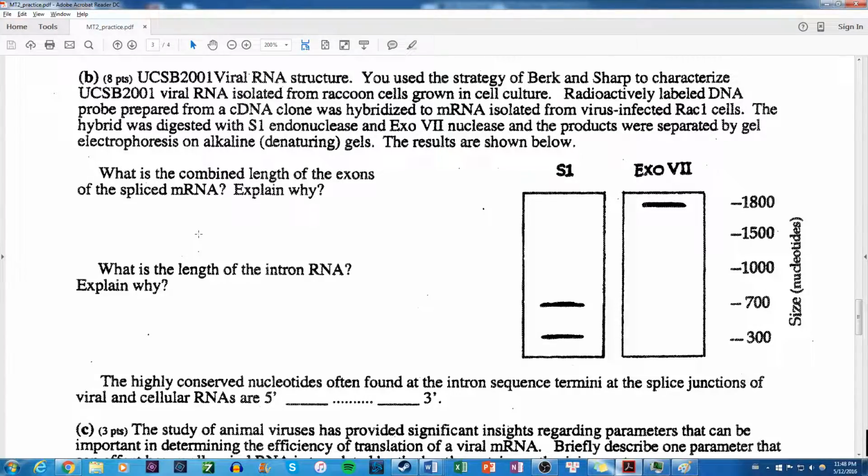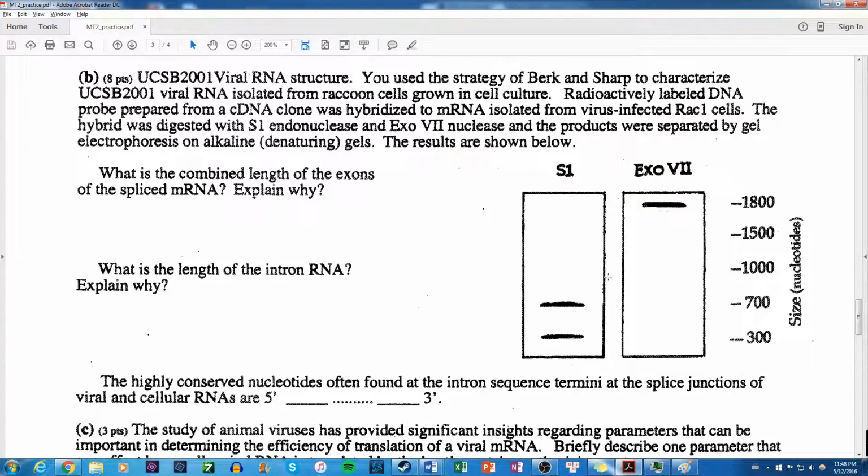What is the length of intron RNA? Well, you have your Exo7, which is an exonuclease, so it basically can't do much to your nucleotides, whether those nucleotides are DNA or RNA. So this line right here is your total genome size.